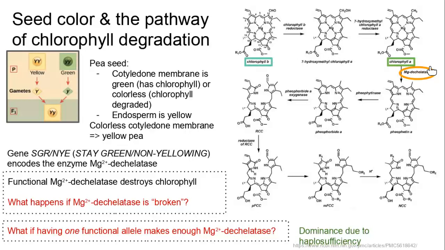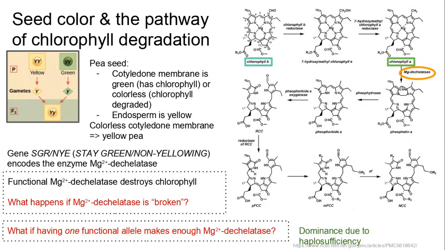If this was incomplete dominance, you would see some that are not really yellow, not really green, which would indicate that you would need more units of this enzyme to completely degrade chlorophyll. So that would be the case of incomplete dominance.